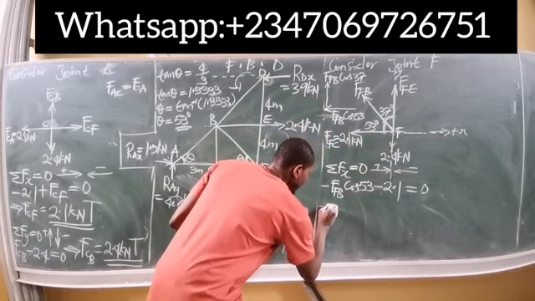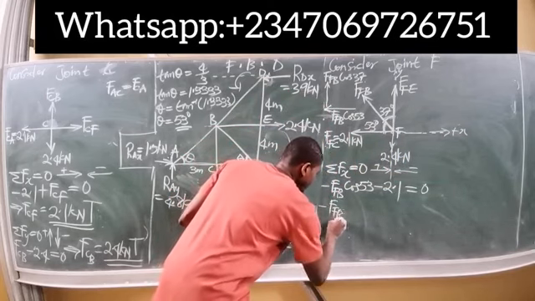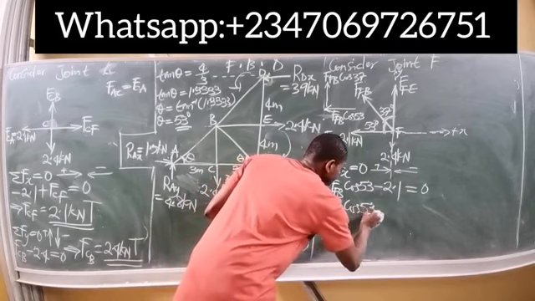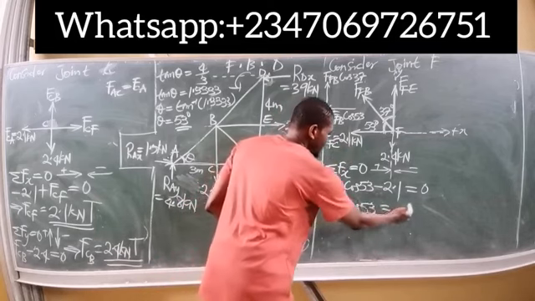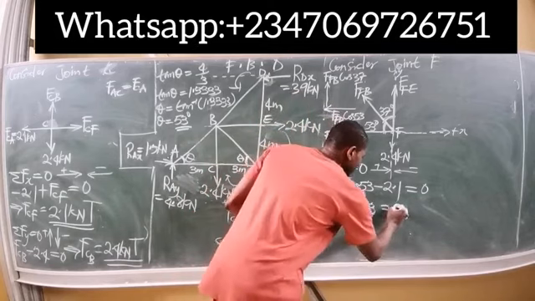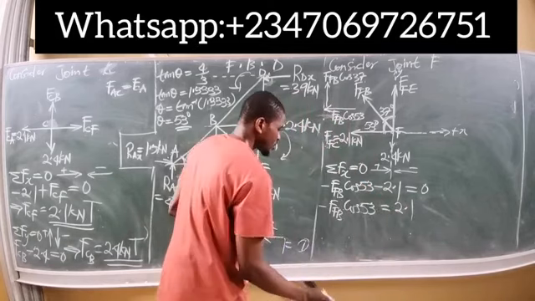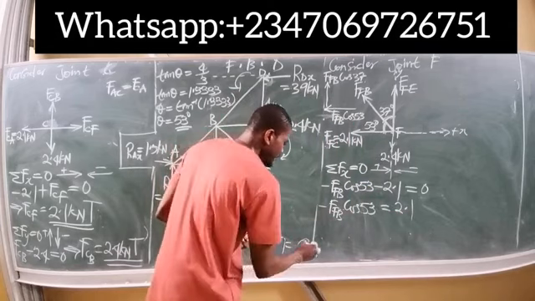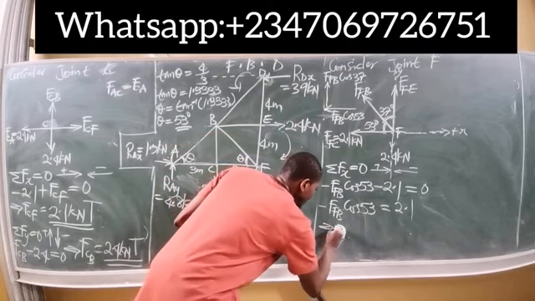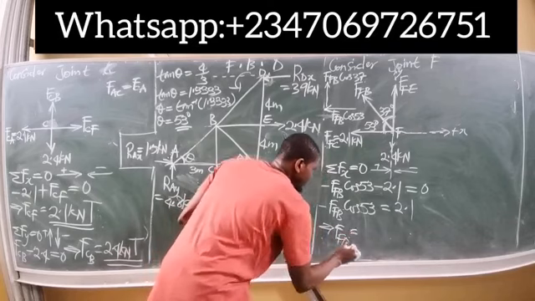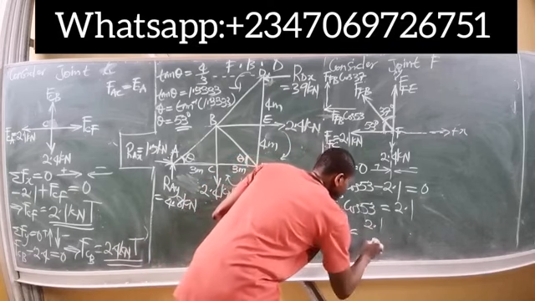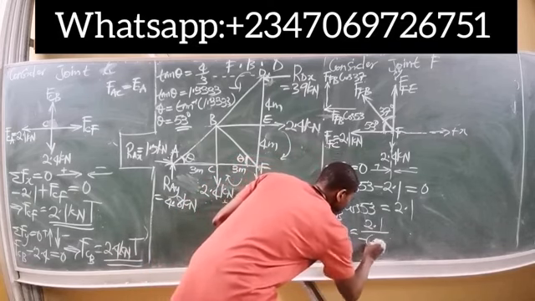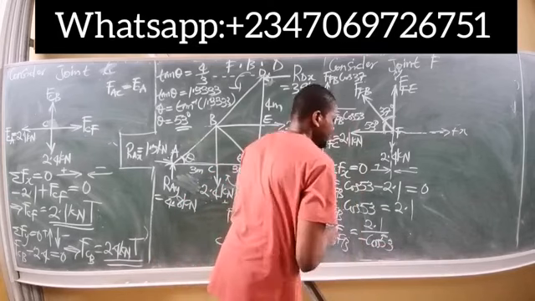I will have minus FB cos 53 is equal to positive 2.1, since the sign changes when it crosses the equal sign. To make FB the subject, divide both sides by minus cos 53. So FB is simply 2.1 divided by minus cos 53.